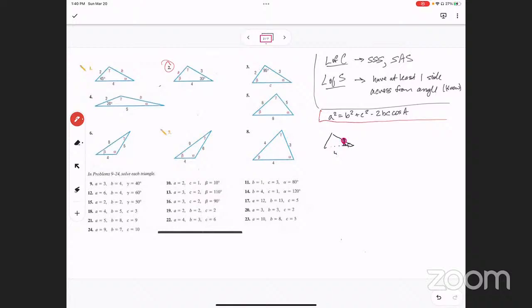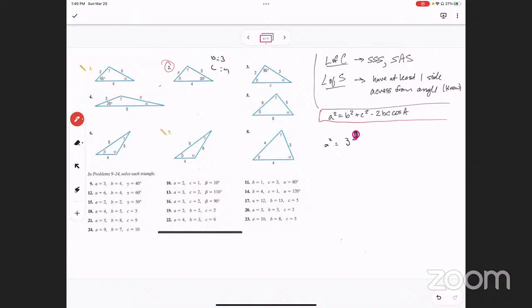Okay, I don't need to draw it again. So, law of cosines: a squared equals b squared plus c squared minus 2bc cosine A, with b equals 3 and c equals 4.